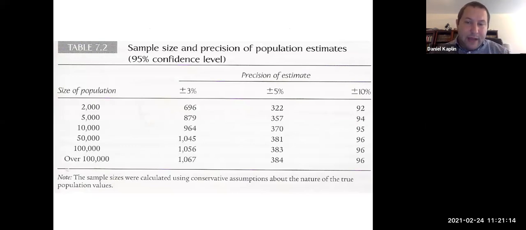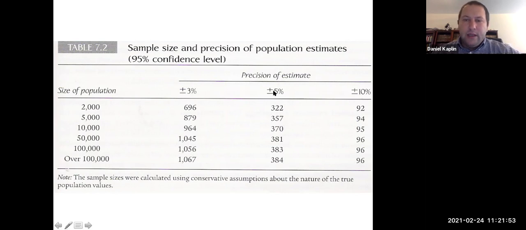As the size of the population increases, in general, the sample size that you need to have that 95% confidence interval also increases, right? Also, as the precision of the estimate increases, when you allow a smaller margin of error, the sample increases. So if we go down the 10%, as the population increased, the sample size needed to increase, right?